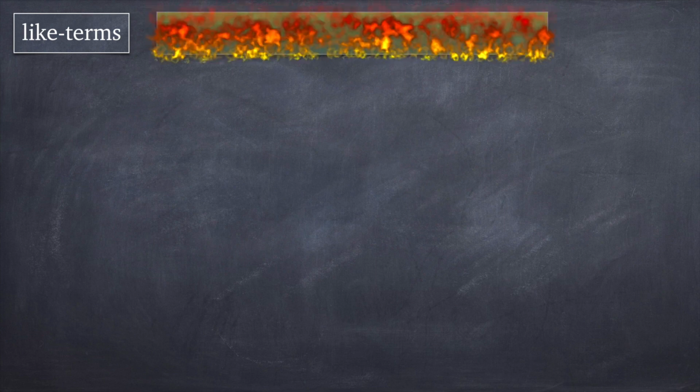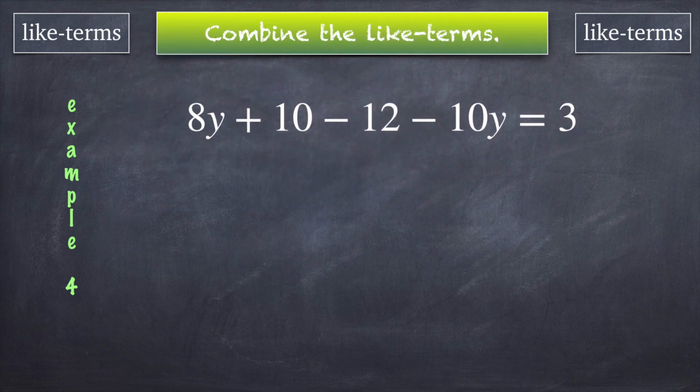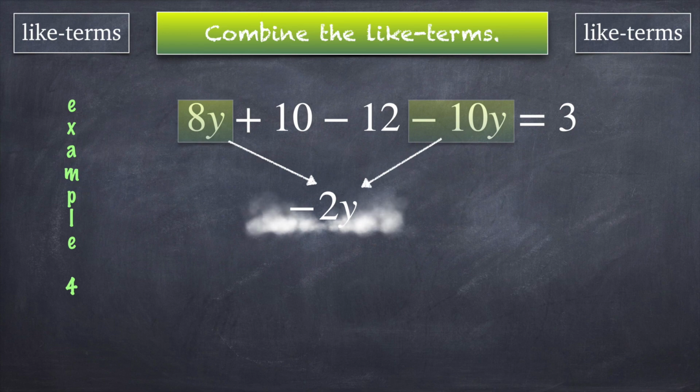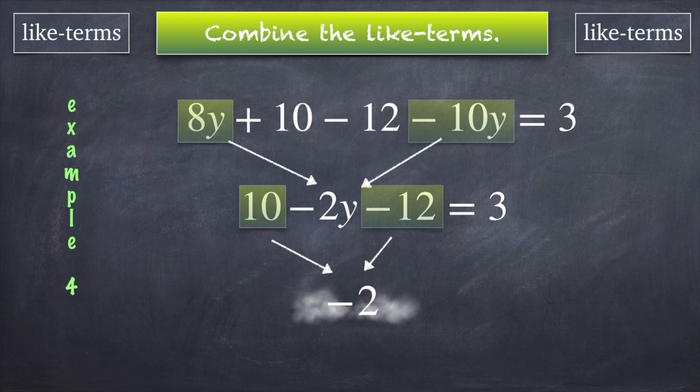And the last example before I have some things for you to do in your notebook. Our like terms are rearranged a little bit differently, but you just have to find the ones with the same variable and combine those. And then next we'll add those integers together, or combine those. The 10 and the -12 becomes -2.